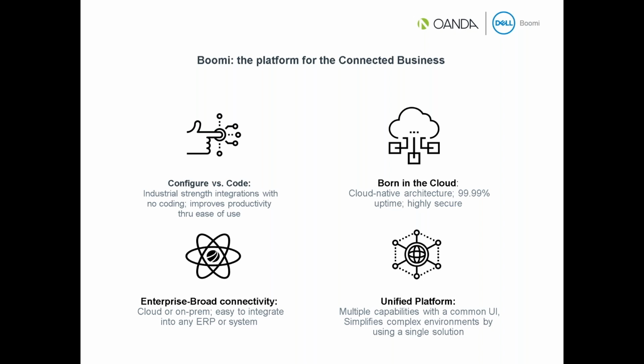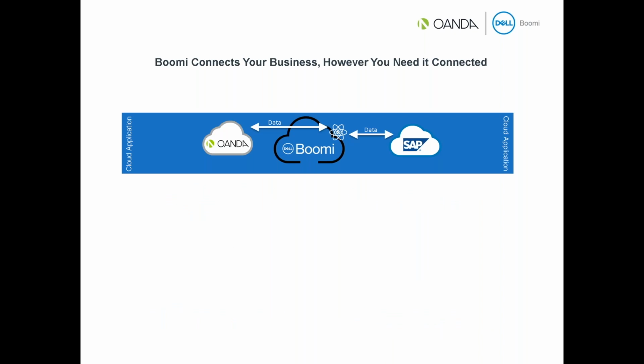And we do this all through the unified platform with the different capabilities that I mentioned earlier, but they all share a common interface and a common design paradigm that allows very rapid learning of the platform, and then skills can be interchanged between the different parts of the platform. So it serves well for the individual use case we'll be talking about today, but also just much broader integration and business process integrations that you would expect from an iPaaS platform.